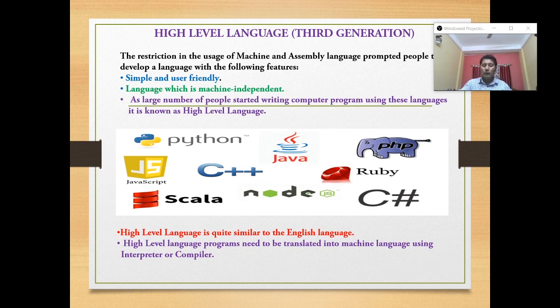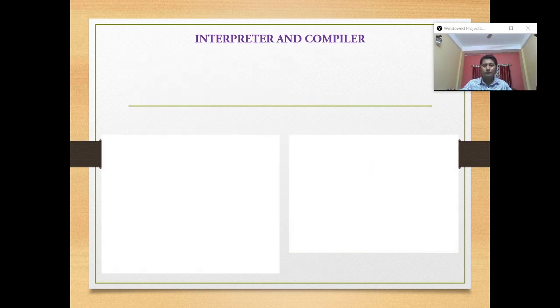So if you want to convert a high level language program into machine language, you need an interpreter or a compiler. BASIC, C, C++, Java, Python, C# are some examples of high level languages.